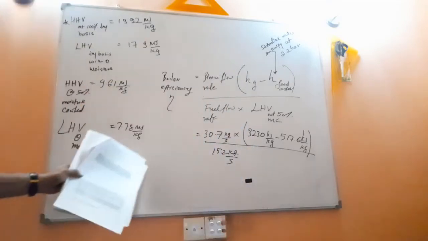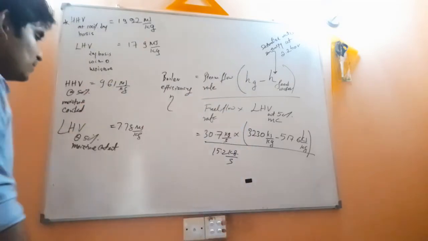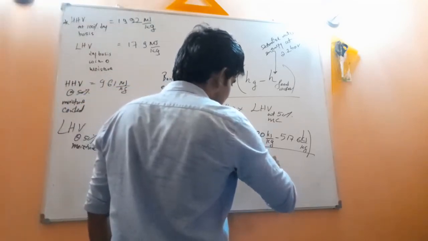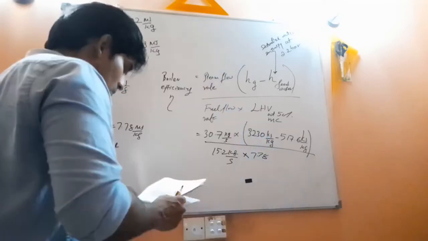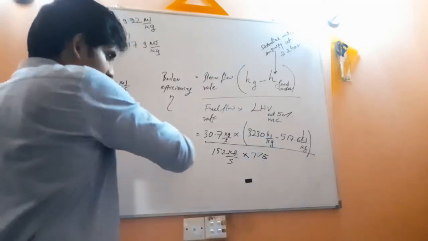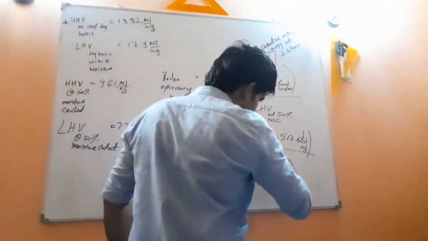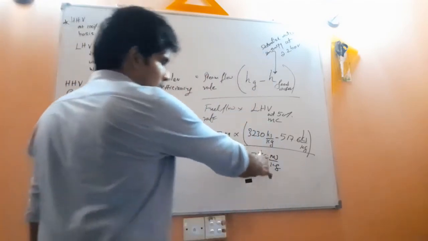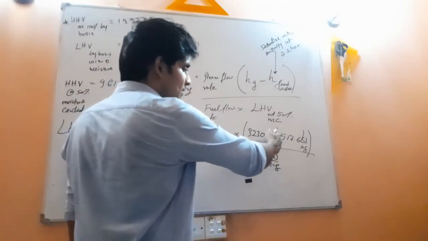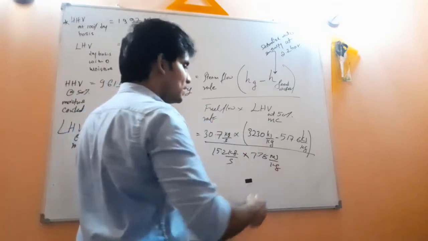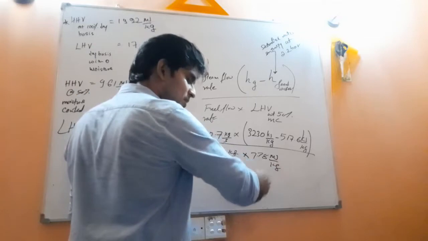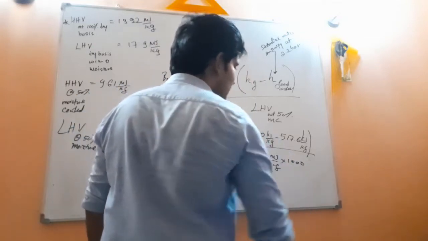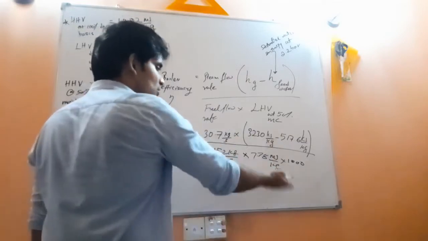What is the lower heating value? 7.78 megajoules per kilogram. But be very careful. Here the units are in kilojoules per kilogram, right? So if you put megajoules per kilogram, you need to multiply by another 1000 to equalize the units.